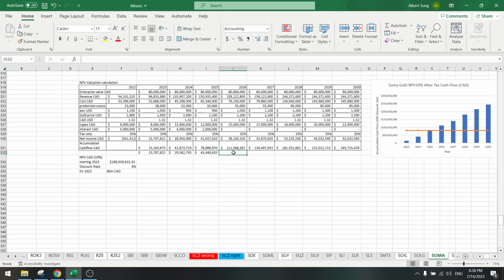How much do I get in 2026? I get this cash flow plus 4% of this plus this plus this, right? Because these were my cash flows, these are in my bank, and I can get another 4% of that this year, in addition to the cash flow that I get in 2026.